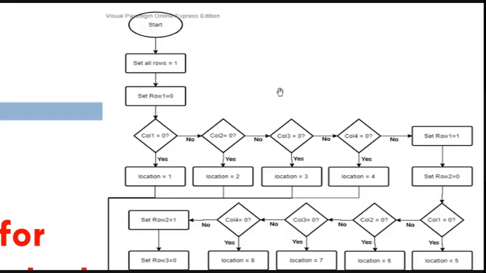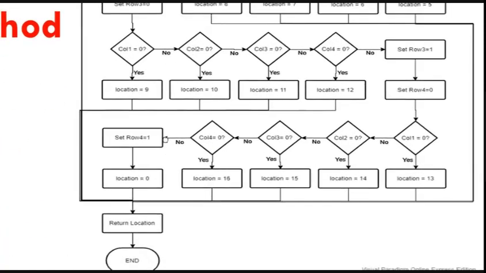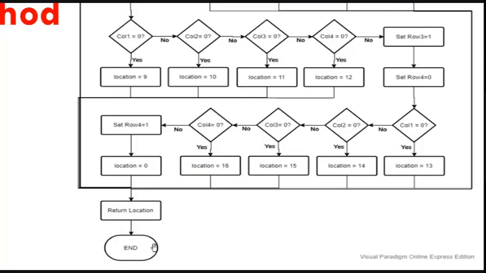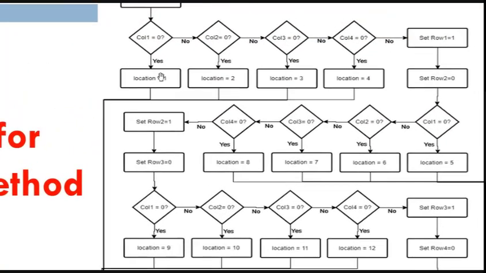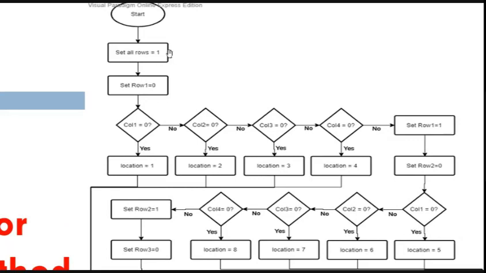Whenever you want to start your flow chart or end your flow chart, make sure that the shape is oval. And then the rectangle we reserve for process or function. And then this diamond shape here indicates decision making.